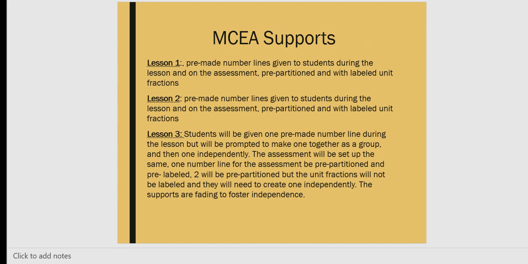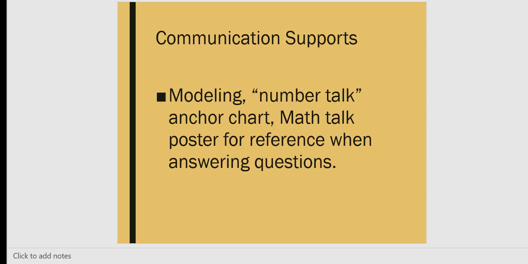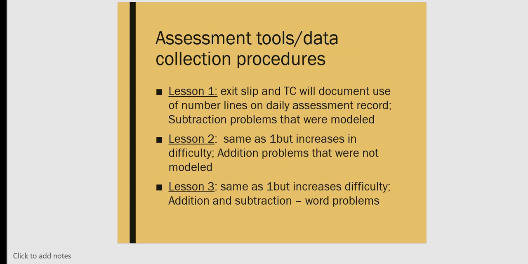Supports include pre-made number lines, pre-partitioned, labeled with the unit of fraction, and the communication skill is to verbally respond to a math problem by explaining a problem-solving strategy. To support the communication skill, the teacher's going to model number talk, provide an anchor chart, and use a math talk poster for reference when answering questions.